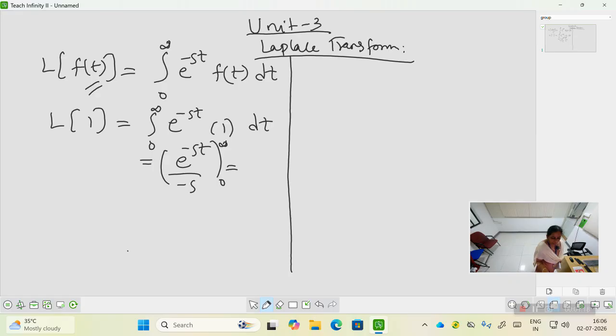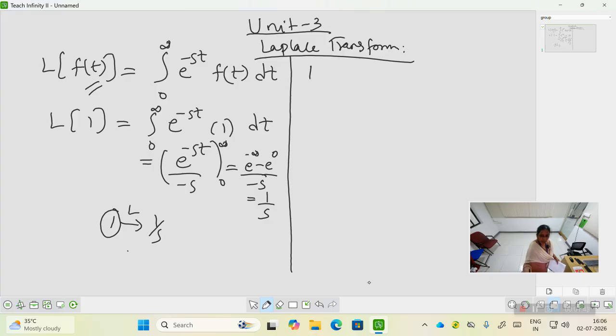Applying the upper limit, I get e power minus infinity by minus s, minus e power 0. E power 0 is 1, e power minus infinity is 0. At last, I get 1 by s. So for the input 1, when we apply Laplace, the output we get is 1 by s.